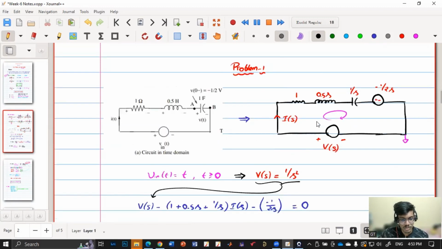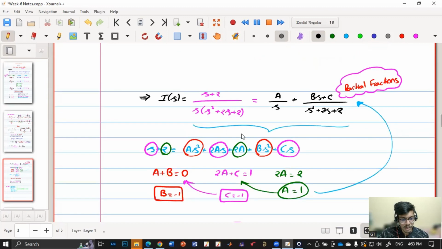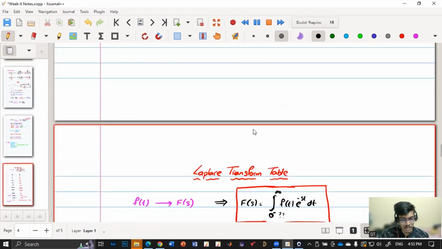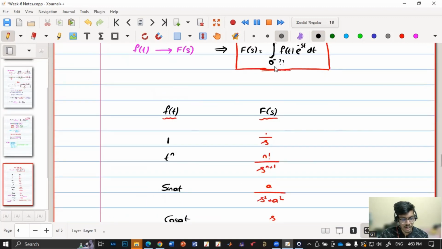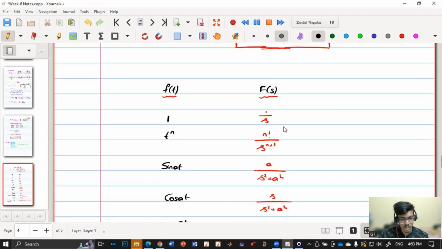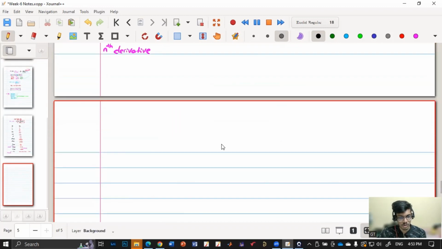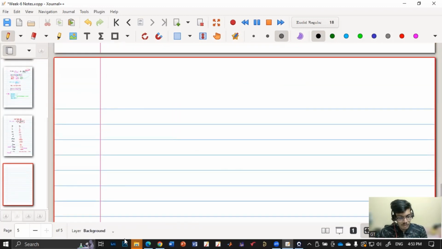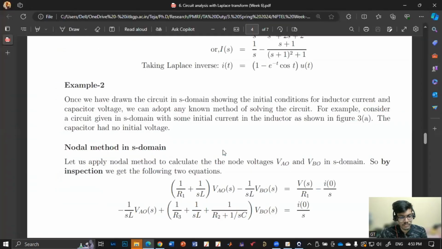Then we quickly solved one problem, followed by the Laplace transform table. I'll check this and get back to you. When I upload this, I'll make sure I modify these notes and only then upload to YouTube. Okay.